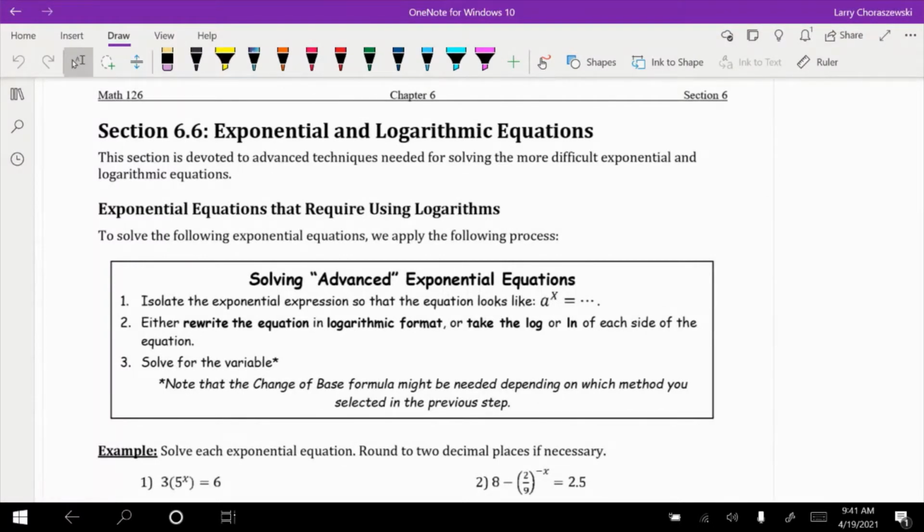All right, well, we are going to be looking at some more advanced exponential and log equations. We have already solved both types, but they've kind of been special cases. One type involved the one-to-one property. The other involved rewriting.